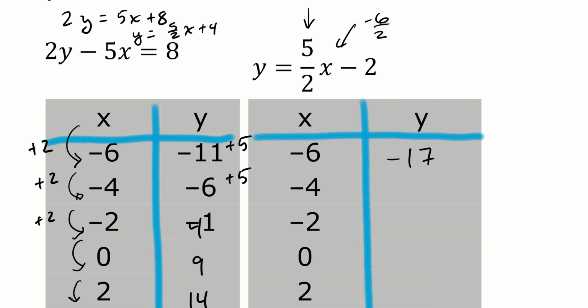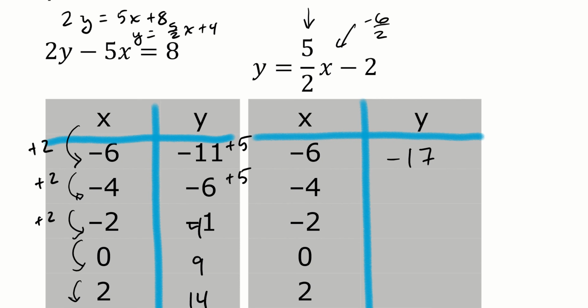Boy, why am I insecure about that? Negative 6, no, negative 6 divided by 2 times 5 is negative 15 minus 2. Yeah, that's fabulous. So that's starting there at negative 17.